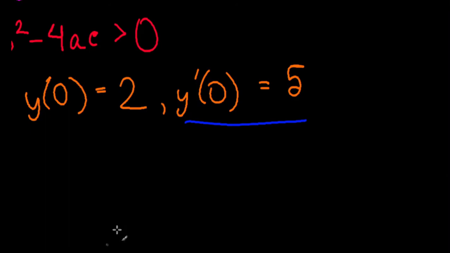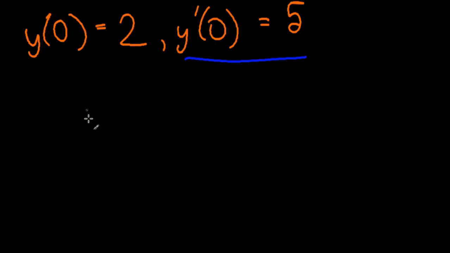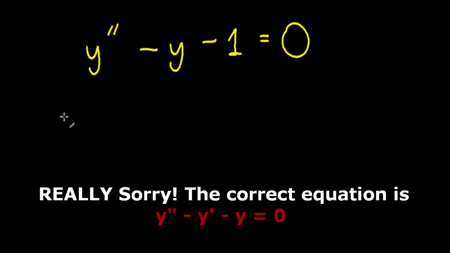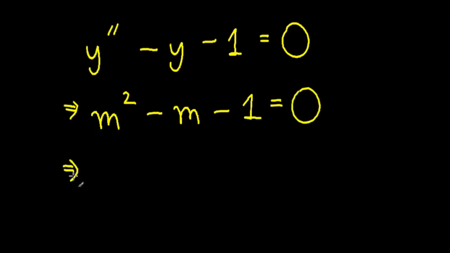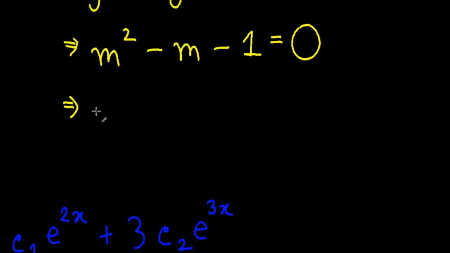Just some practice. Our equation is y double prime minus y prime minus y equals 0. Our characteristic equation is just going to be m squared minus m minus 1 equals 0. It doesn't look like we can factor this, so our solution will rely on the quadratic formula.